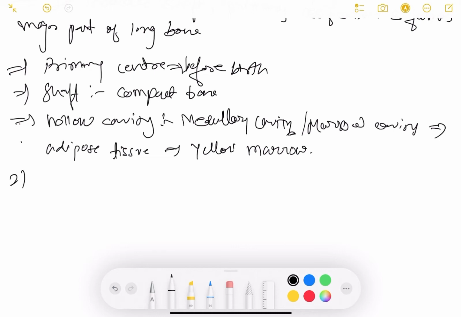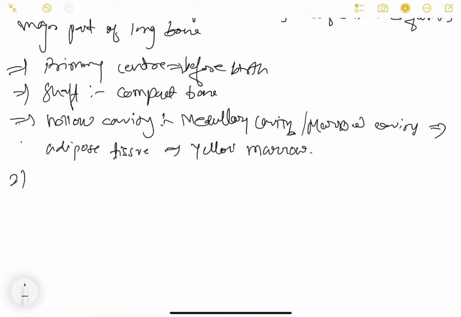Now next, end or epiphysis. Epi means upon and physis means growth.